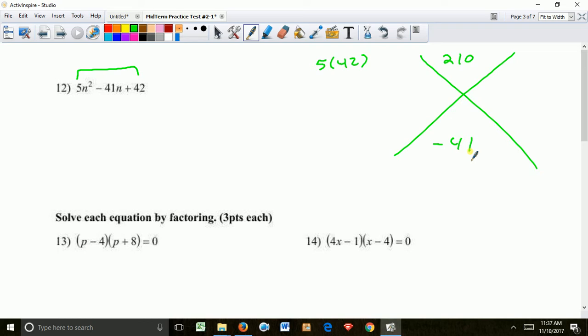Both have to be negative, yep. In this case, factors of 210, I see 30 and 7, but that's not going to help us out. You could go through and list the factors.